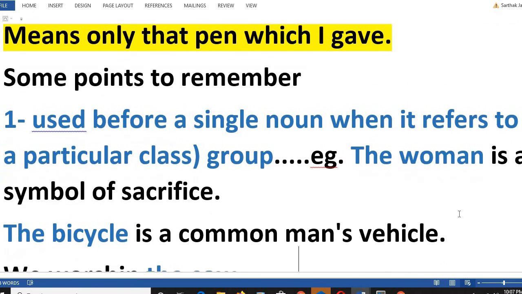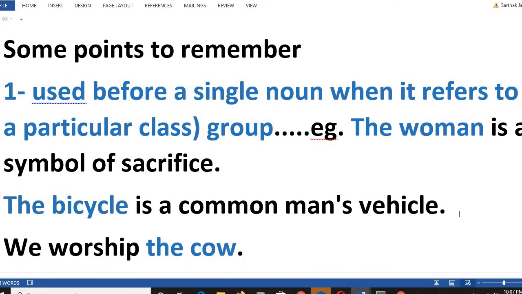Let us remember some points before we use the. First, it is used before a singular noun when it refers to a particular class, like the woman is a symbol of sacrifice. Singular noun woman, and we are talking about a particular class, that means the class of sacrifice. She is the symbol of sacrifice. The bicycle is a common man's vehicle.